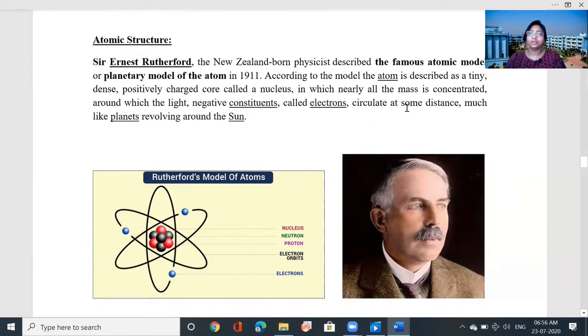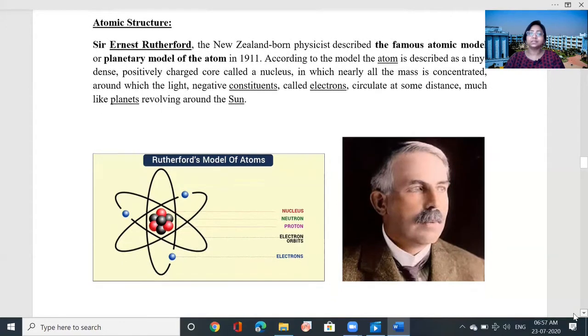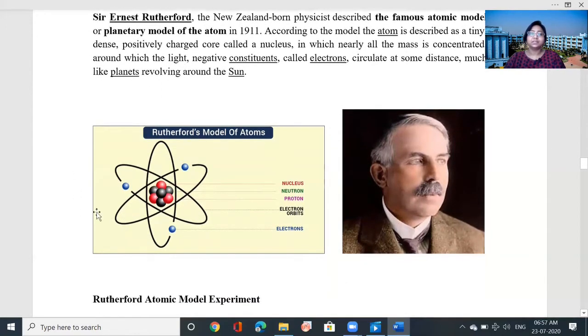According to the model, the atom is described as a tiny, dense, positively charged core called a nucleus, in which nearly all the mass is concentrated, around which the light negative constituents called electrons, the negatively charged ones, circulate at some distance, much like planets revolving around the sun. So here you can see the figure.